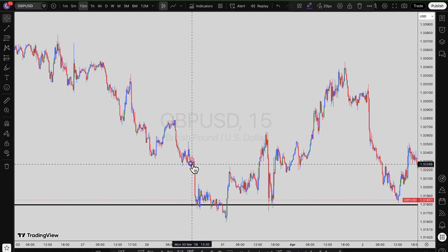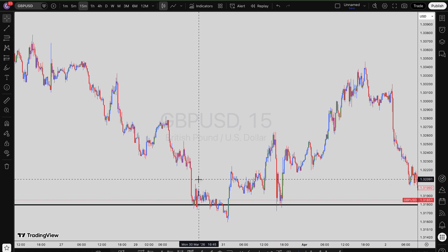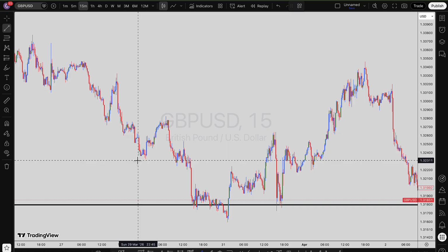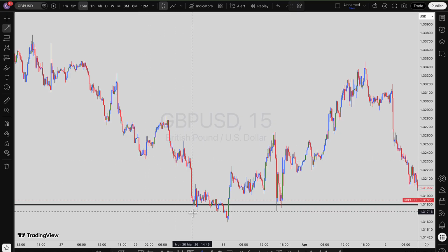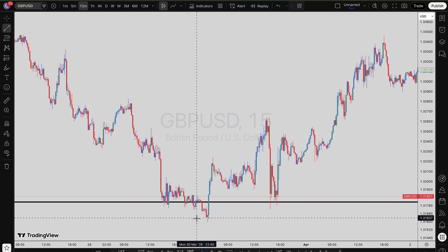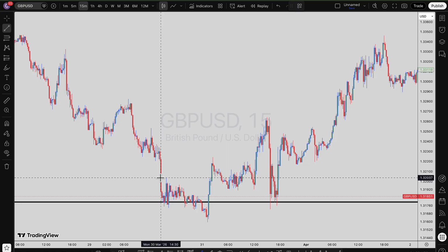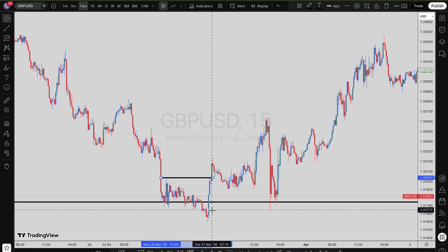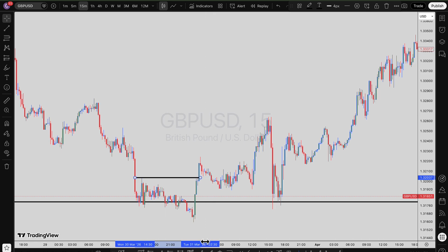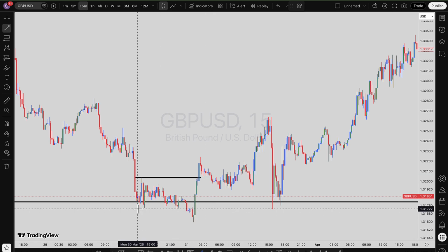On the 15-minute chart, we studied price movement, we studied the market structure, we had a break of structure to the downside, we got a lower low, and before we got the lower low right here, we first had an internal low and high right here, and take a close view how price swept this low right here.